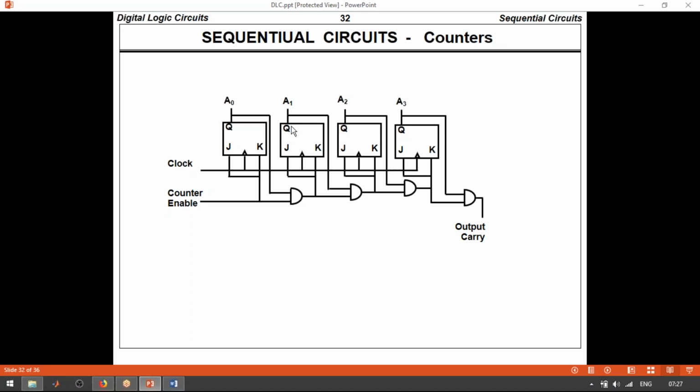So here also it will toggle again. Toggle means how it is toggled: 0 0 1 1, then 0 0 1 1. So likewise for the final flip flop you are having 0 0 0 0 0 0 0 0, then 1 1 1 1 1. Likewise.